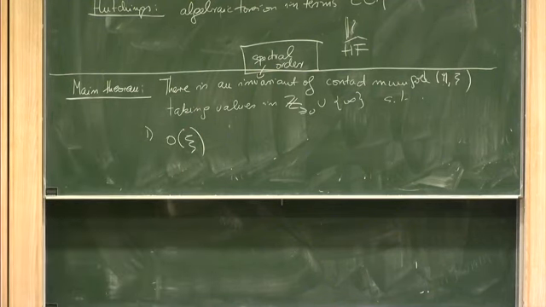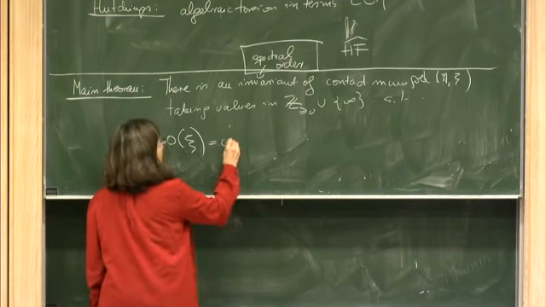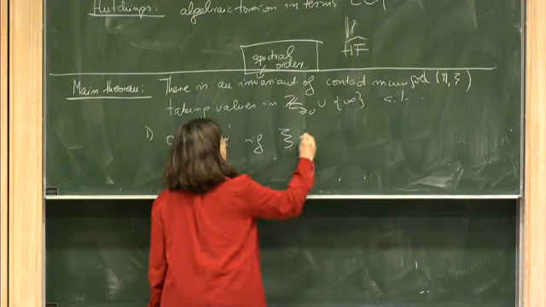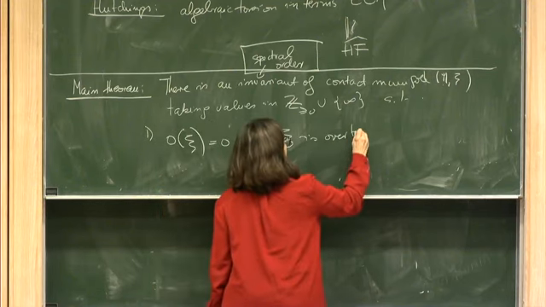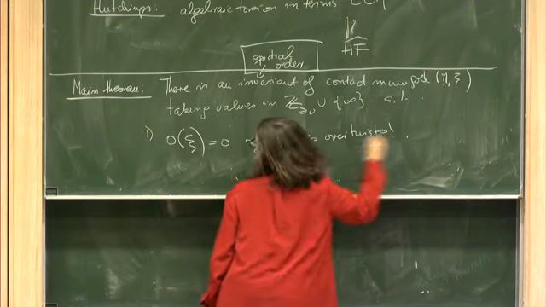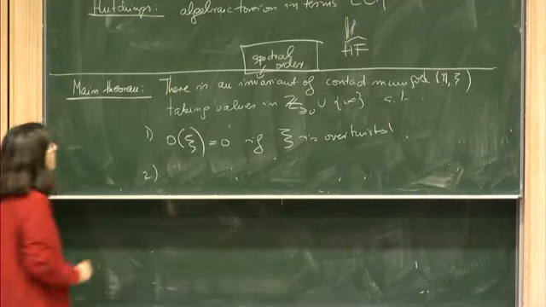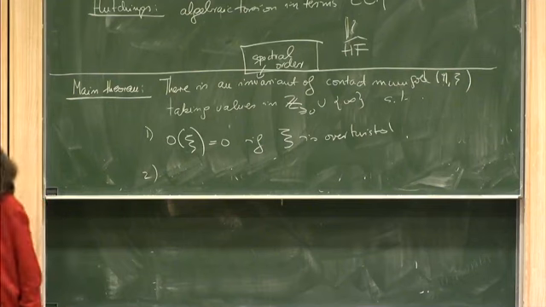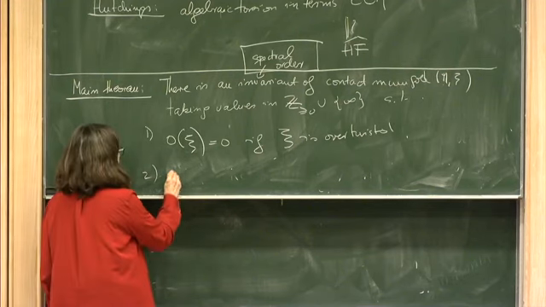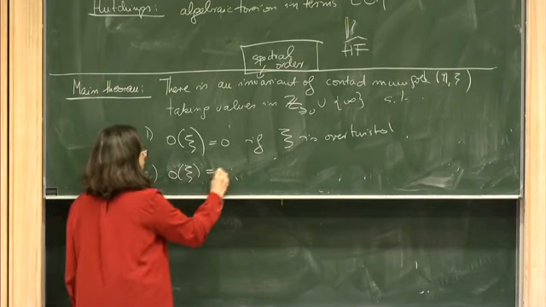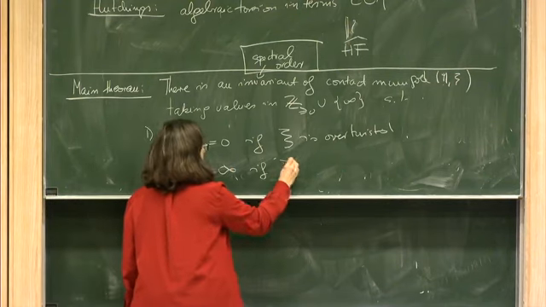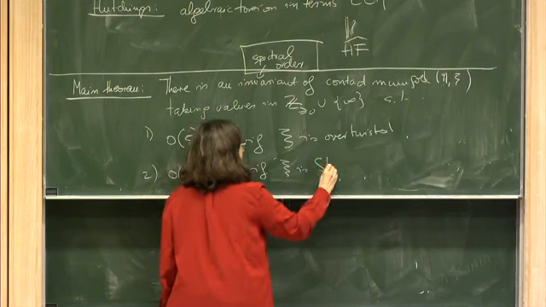And so first of all, O of psi is 0 if psi is overtwisted. Second, should say what happens in the case of Stein fillable. O of psi is infinity if psi is Stein fillable.